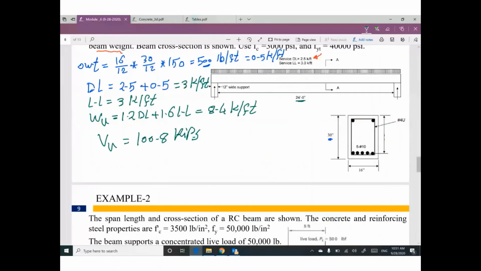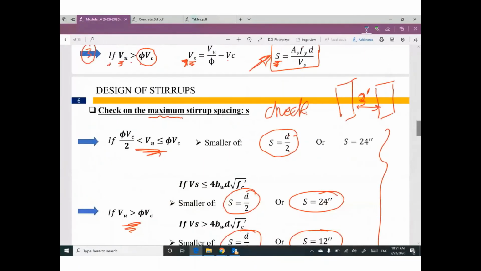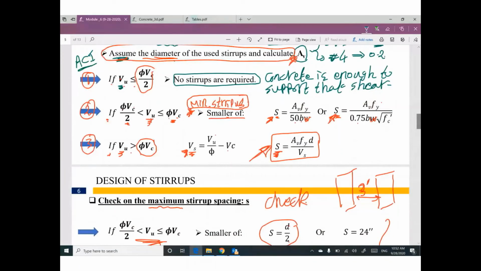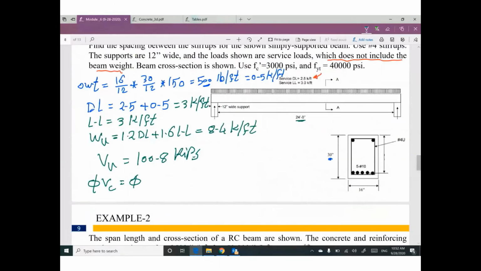Phi Vc will be phi. What was the equation for this one? Do you remember? Here you go. This one: 2 b web d square root f prime c.